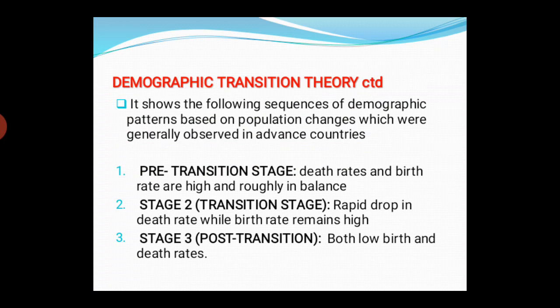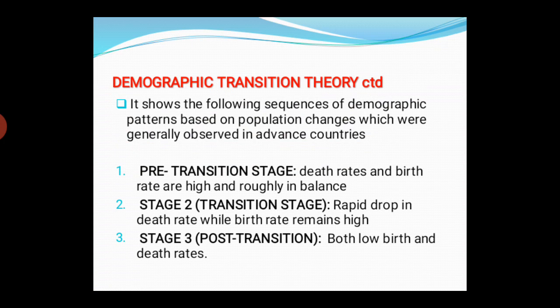Let us go back to stage 1, that is the pre-industrial phase or pre-transition phase. This one is characterized by this: the death rate and the birth rate are high and roughly in balance. This is the era before economic modernization.